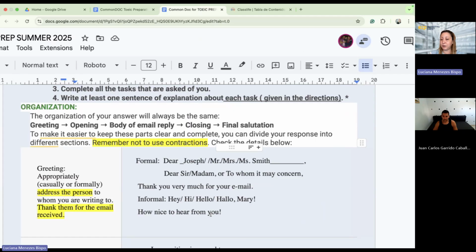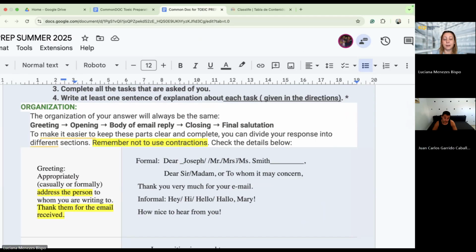It doesn't matter if it is a sentence, a paragraph, an email, or an essay. You must have this organization, okay? In the case of an email, it changes a little bit. We could say that greeting and opening are the introduction, the body and the closing are the tasks altogether, and the final salutation is your conclusion.